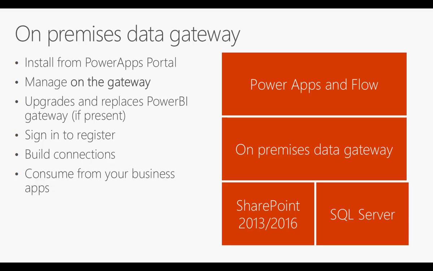You just need to sign in and register, build your connections, and then you can pull information from your on-prem apps, connect it to services that you may have in products like Office 365, and bring it all together to automate everything in one hit. It's very powerful to extend these tools from their cloud location into your on-prem environment, but also to connect with third-party cloud-based services.